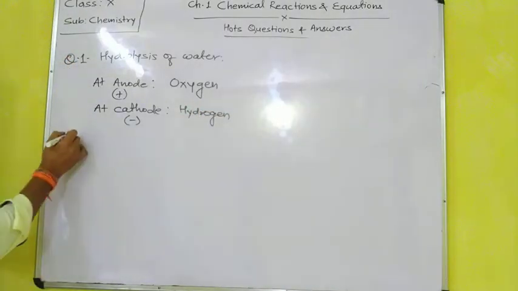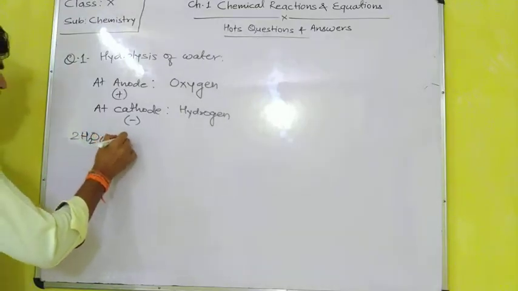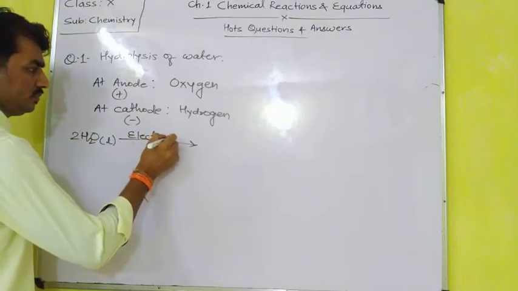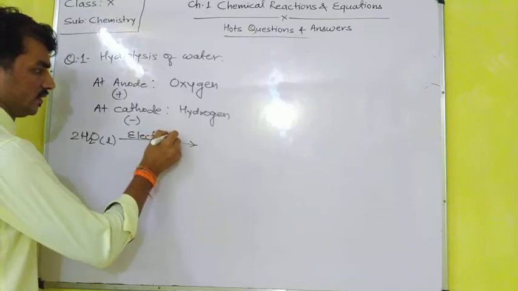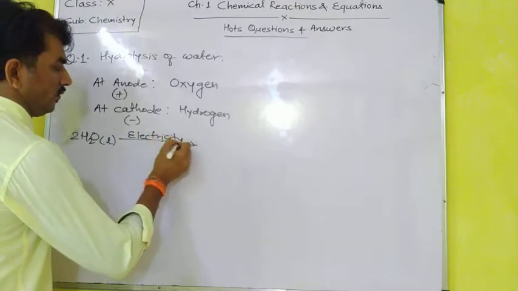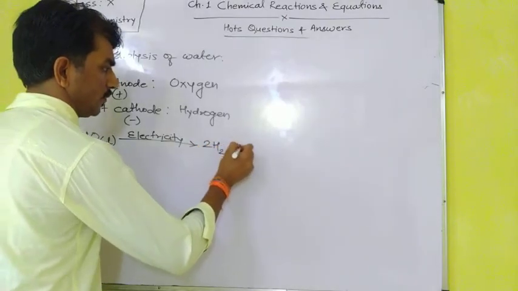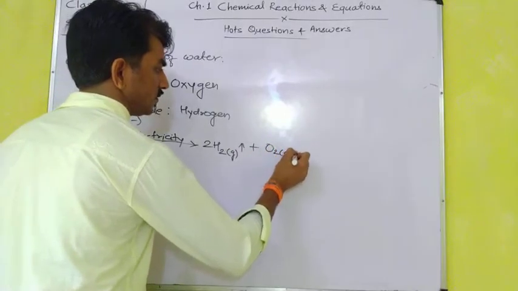Just look at the equation: 2H2O in the liquid state, by the passing of electricity, is converted into 2H2 hydrogen gas plus O2 oxygen gas.